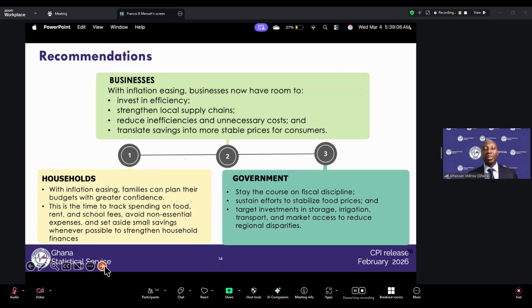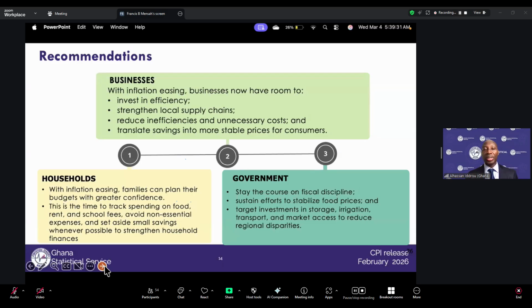Let me express my sincere appreciation to the market women and men, traders, data providers, businesses, and households who provide price data across the country. I thank the media for responsible dissemination of the data, and I commend the hardworking staff of the Ghana Statistical Service, whose professionalism ensures accuracy, neutrality, and timeliness.